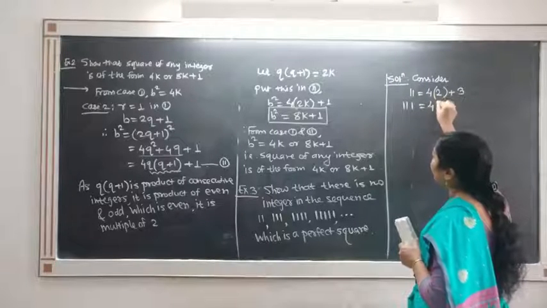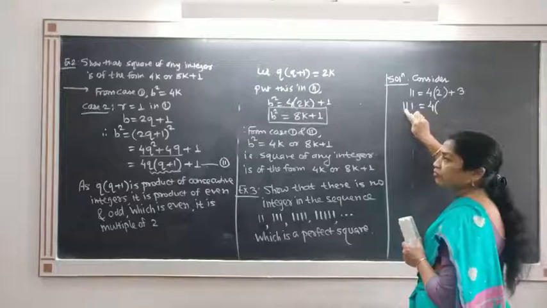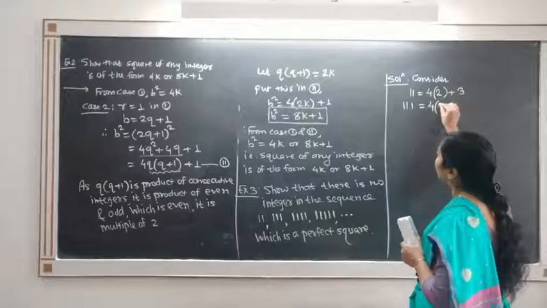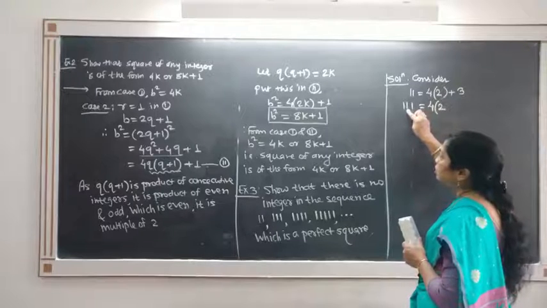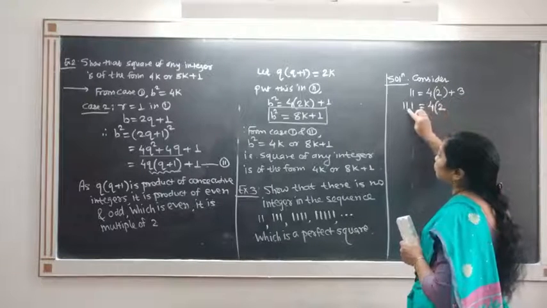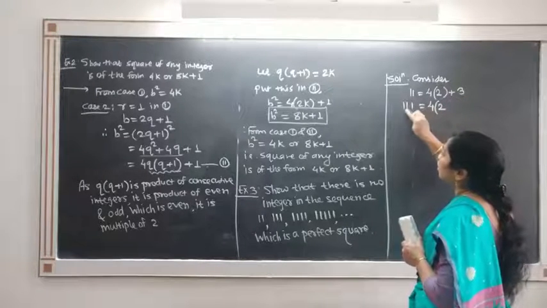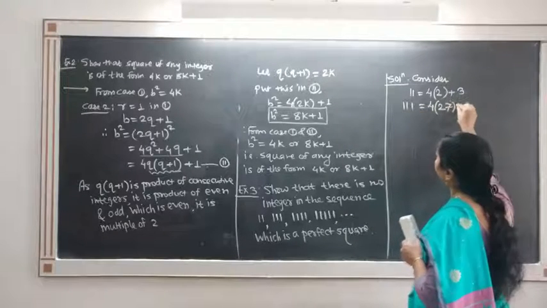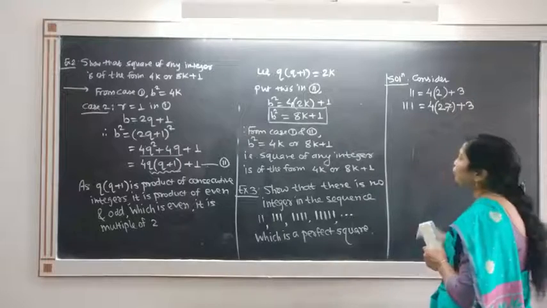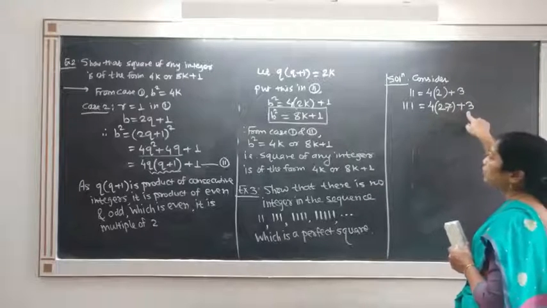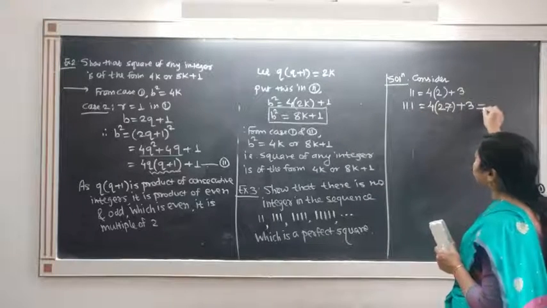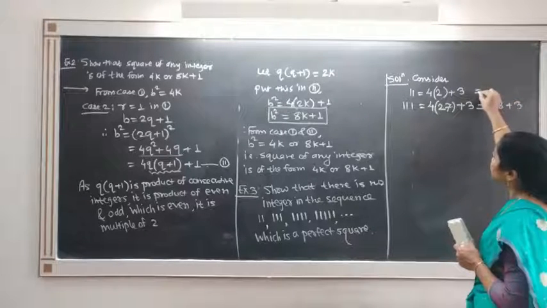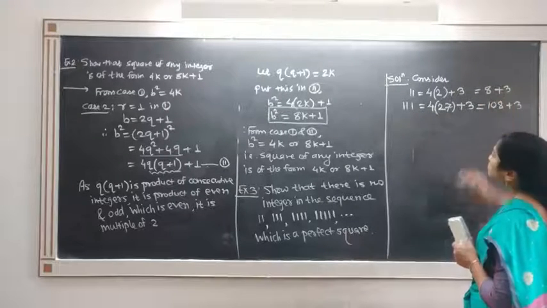If you divide it by 4, you will get 4 into 27 plus 3. Actually it is nothing but 108 plus 3.